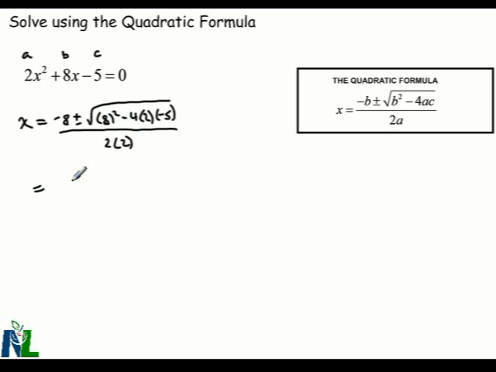Evaluating what I can in this step, I get negative 8 plus or minus the square root of 64. See, I've got two negatives here, will give me a positive. So plus 4 times 5 is 20. 20 times 2 is 40.